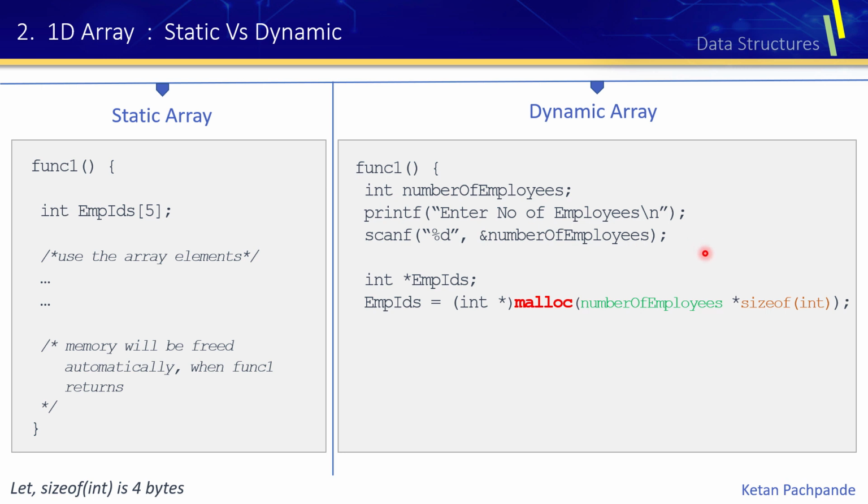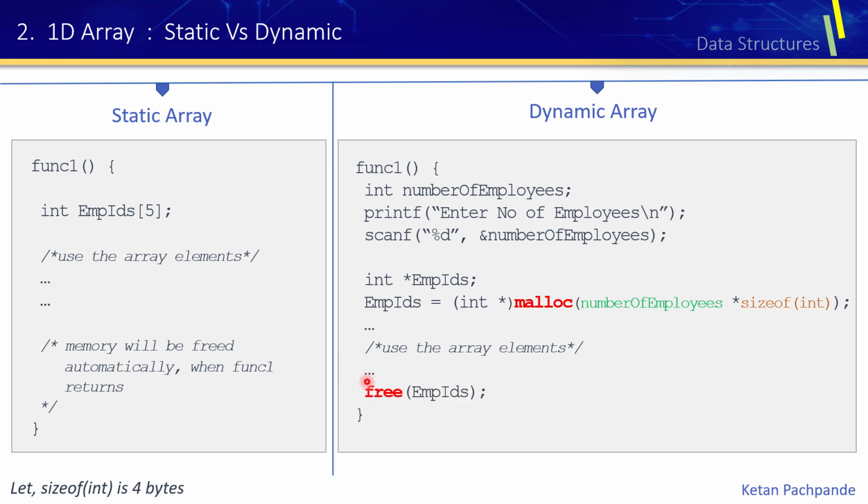If the user gives the input as, let us say, 50 employees, then 50 into 4, 200 bytes will be allocated by the malloc function at runtime and the address of the first byte will be returned. And with the help of this address, now I can access all the elements of the array with the help of this pointer.